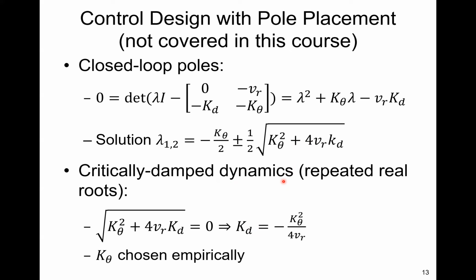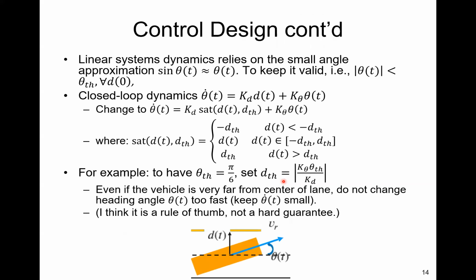This is the formal mathematical way of designing a controller in MATLAB, and it is not covered in the course. Instead, in our project assignment, we use a more heuristic, trial and error approach to controller design.